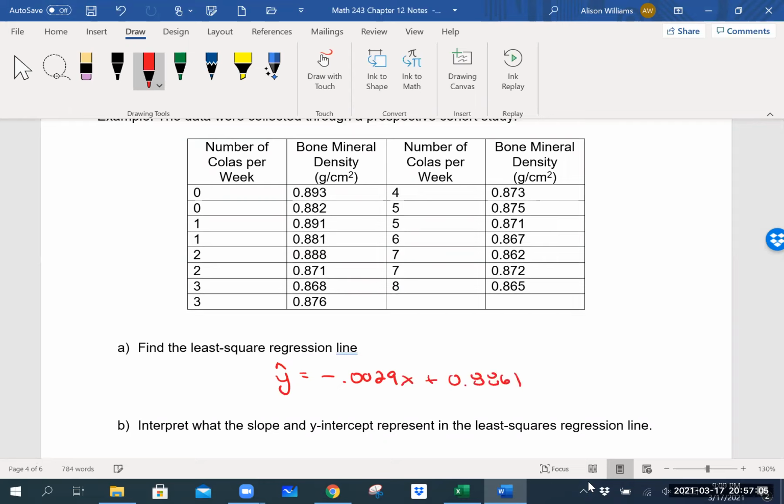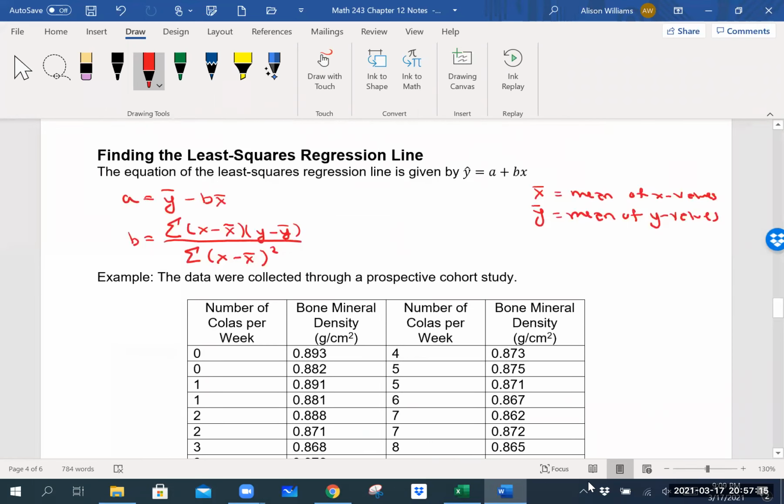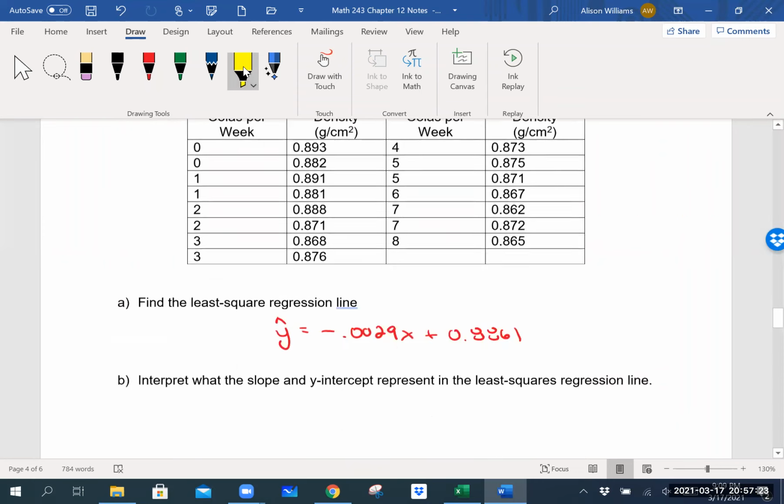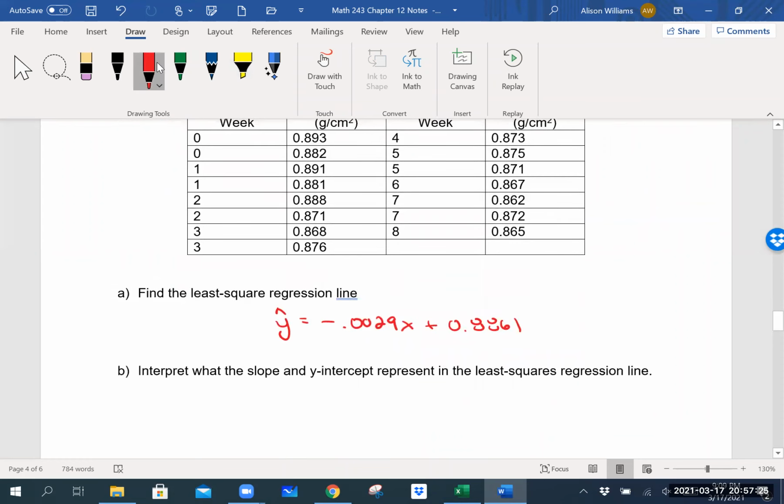Hopefully I wrote that correct. Notice I called it y hat, even though Excel didn't. I'm going to, because that's how we refer to the least squares regression line. They did put it backwards compared to how the book has their formula written. They have it with the a first and then bx, or the y-intercept and the slope in reverse, but it really doesn't matter. It's the same equation.